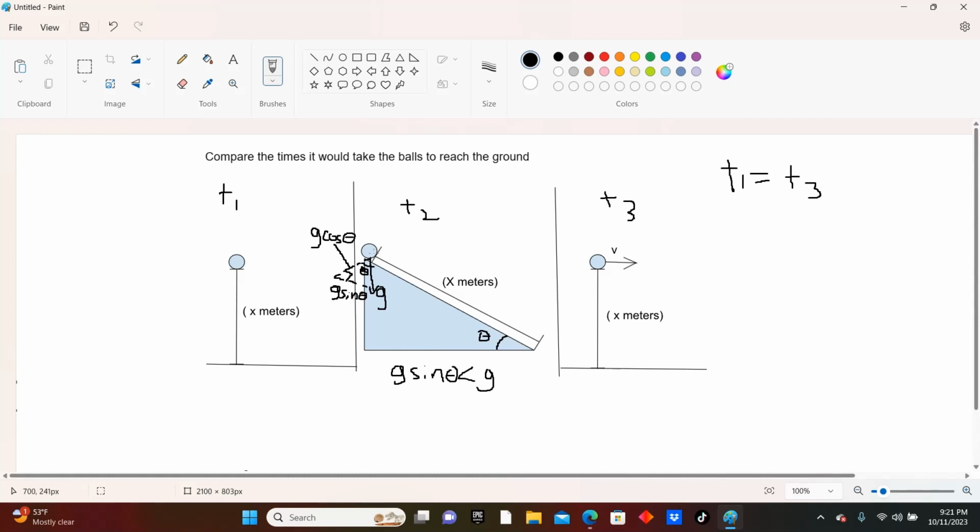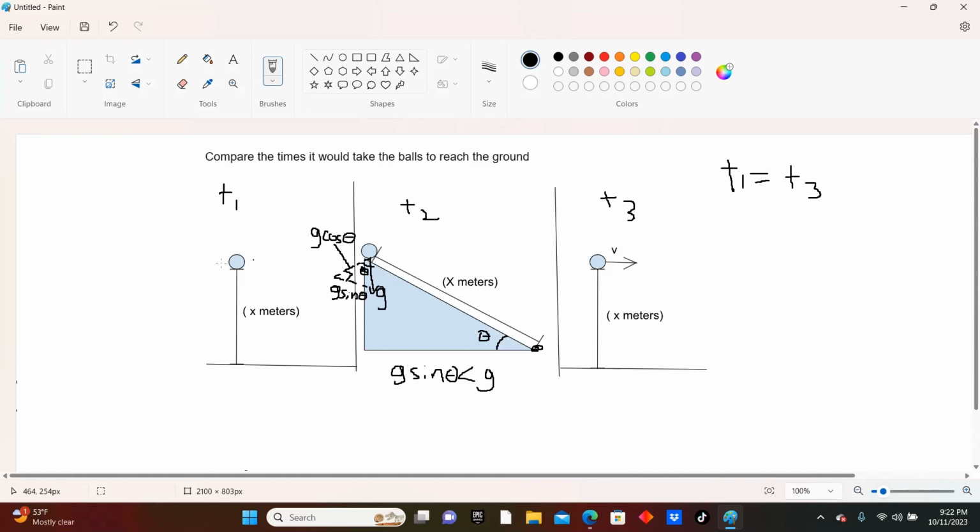So that means it's traveling the same distance along the ramp as scenario 1 and scenario 3, but it's traveling with less acceleration. And if it has less acceleration, it's going to take more time to reach the end here. It's going to take more time to reach this point.